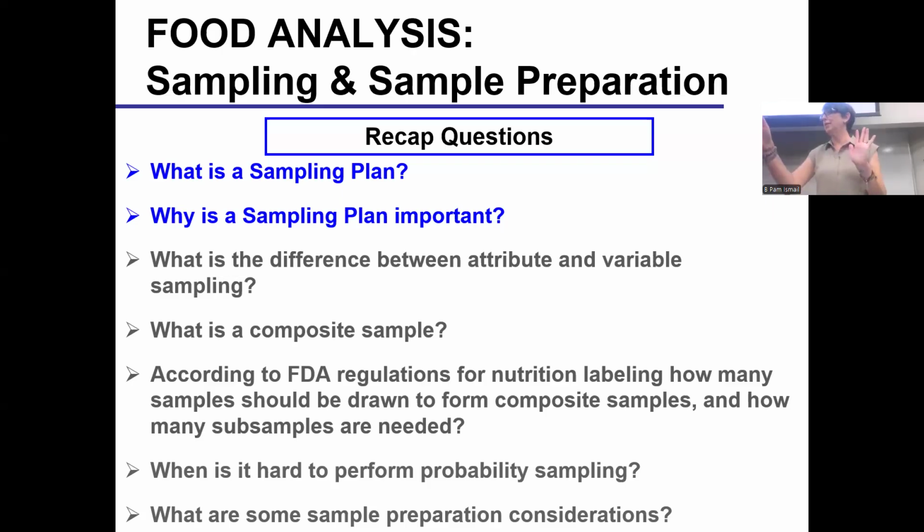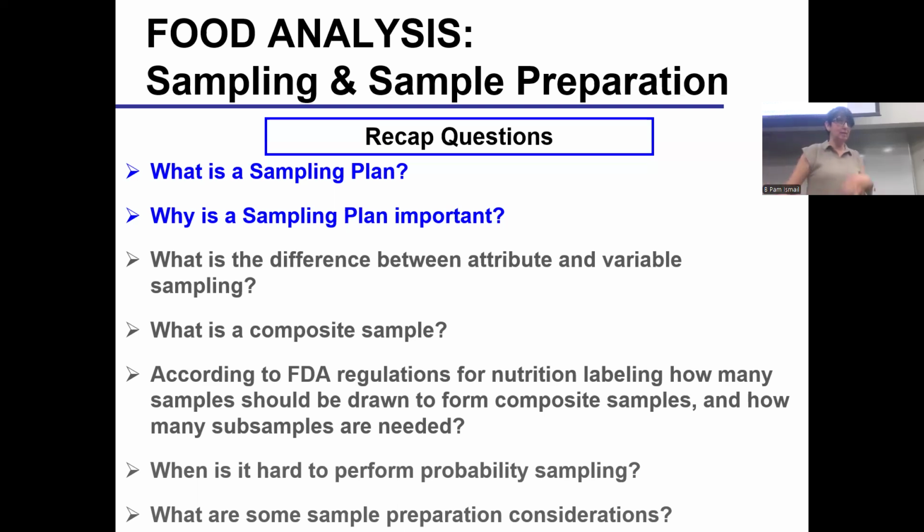Lizzie: Helps make sure that you're getting a good representation of the whole. Yes, good representation, accurate results, good assumptions that you can trust, low risk assumptions. So if you mess up sampling or how you prepare your sample, no matter how good of an analyst you are, your results will be erroneous.